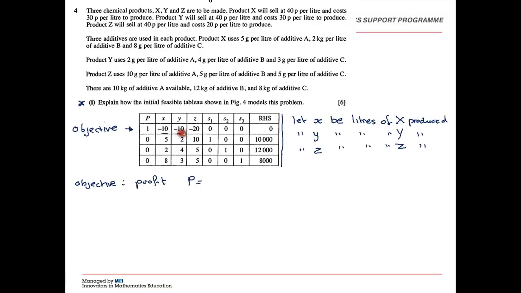So if we look at minus 10, minus 10, minus 20, and we look up here at what it says, it tells us that product X sells for 40 pence and costs 30 pence a litre to produce. So our profit is going to be 40 pence that it sells for minus the 30 pence that it costs to produce. Similarly for Y, we've got 40 and 30.